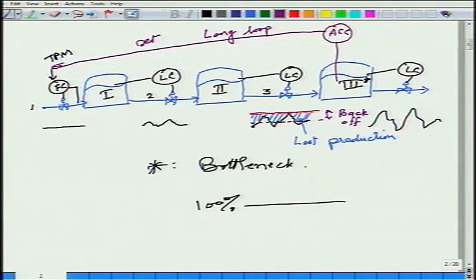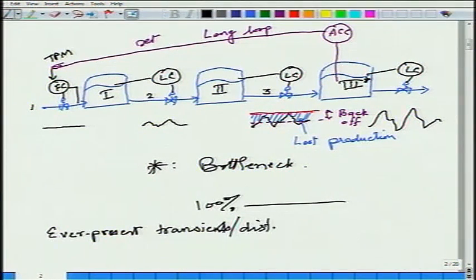So what that means is ever present disturbances, or ever present transients, oblique disturbances, necessitate what?